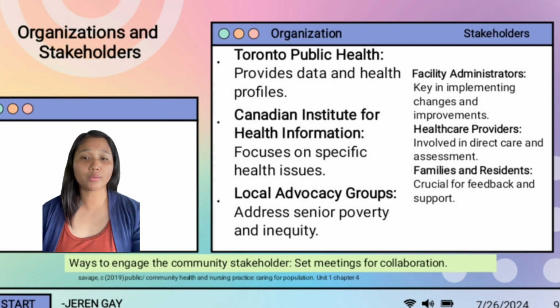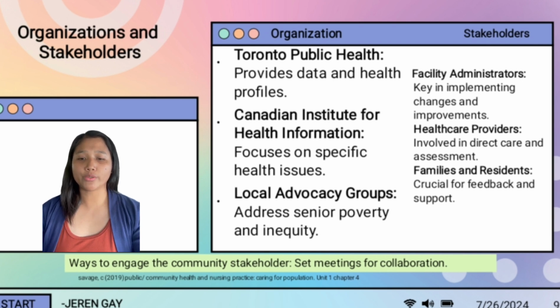Their feedback, and most especially their support, is crucial for the success of every activity and program the facility will implement. Toronto Public Health, together with the Canadian Institute for Health Information or CIHI, are key organizations that provide important data which can be used to improve and focus on specific health issues about older adults.